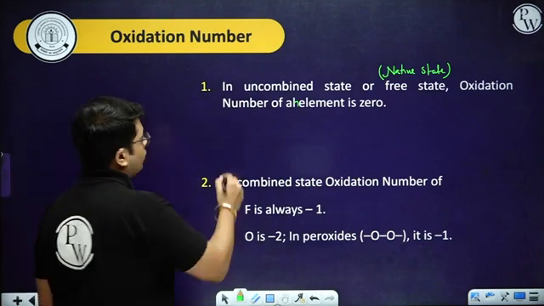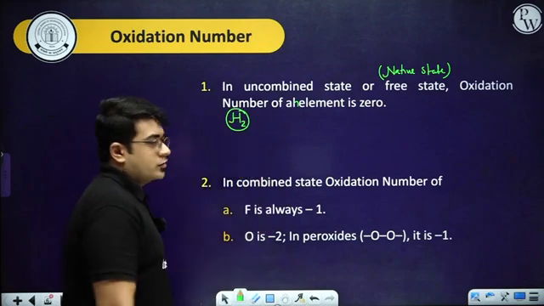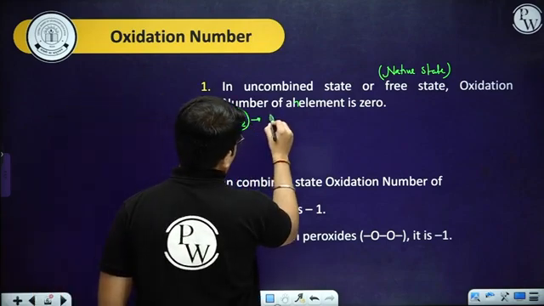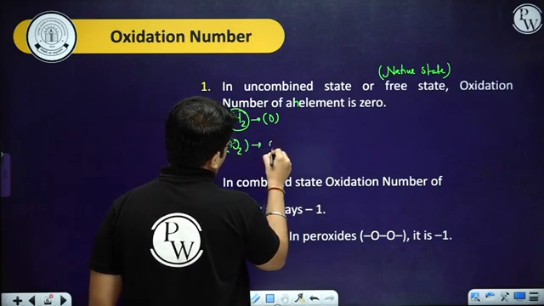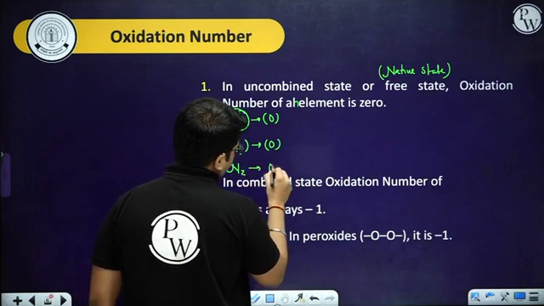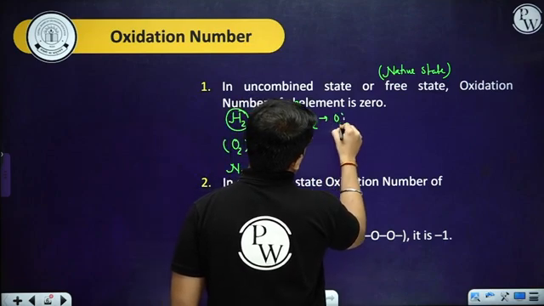For example, if I talk about the native state of hydrogen, it is basically H2 gas. Hydrogen is always present in native form as H2 gas. In this case, its oxidation number will be 0. Oxygen will be present as O2, so that will be 0. Nitrogen will be present as N2, so that will be 0. Chlorine will be present as Cl2, that will be 0.